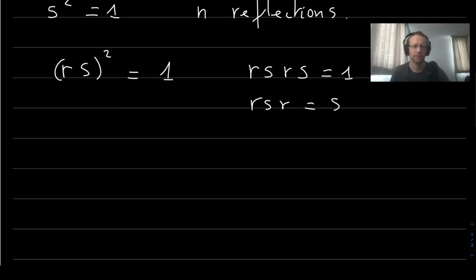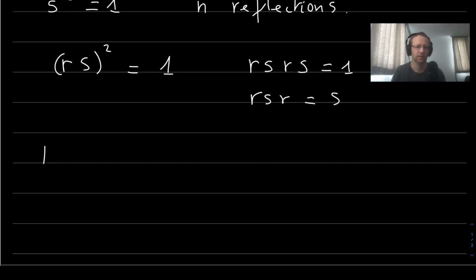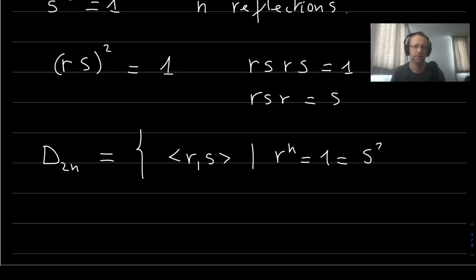All right, so we have our complete group D2n, also sometimes noted Dn because it refers to the regular n polygon, is equal to the group which is generated by r and s, where r satisfies that r to the n is 1, s satisfies that the square is 1, and then moreover we have that the square of rs is 1.